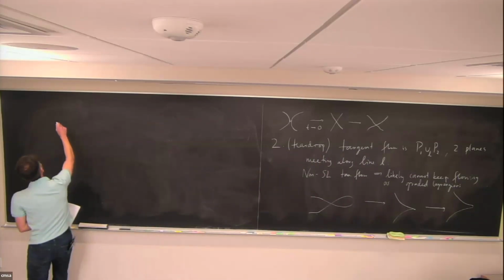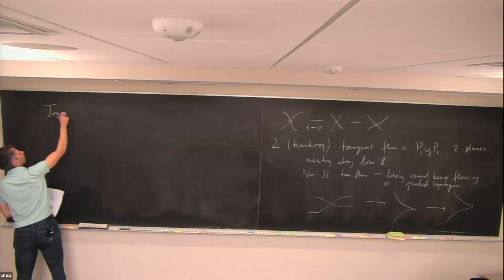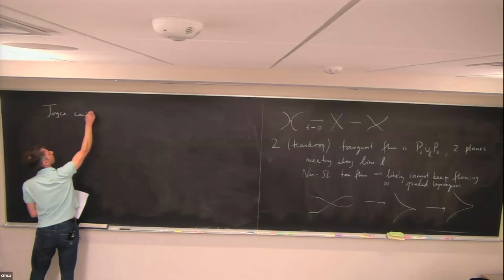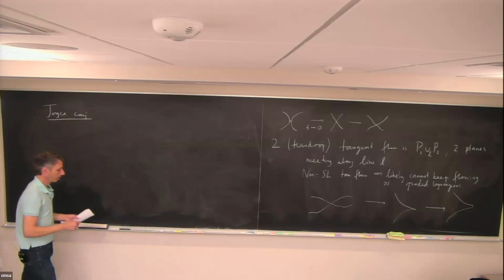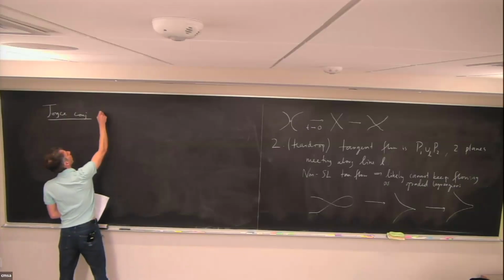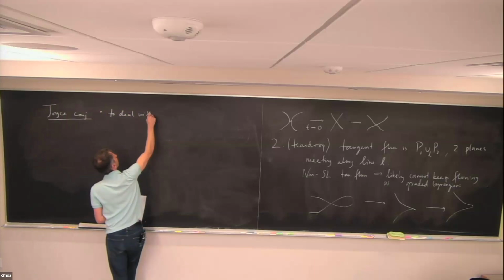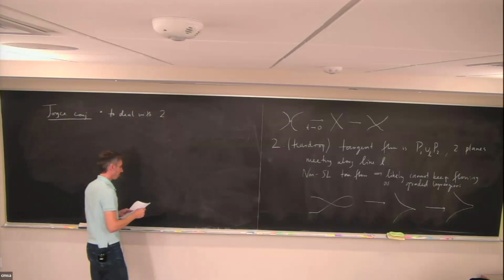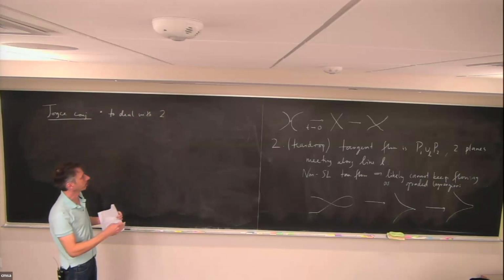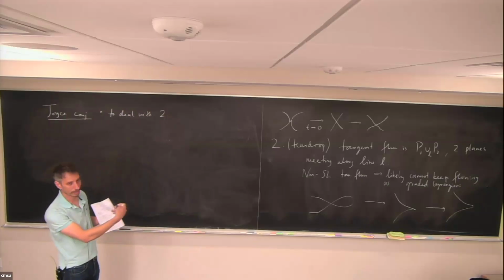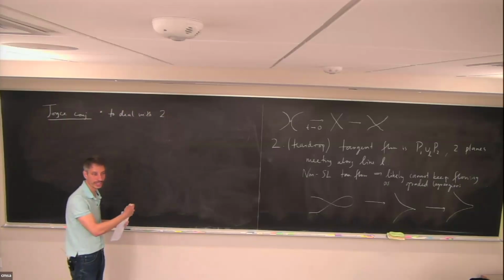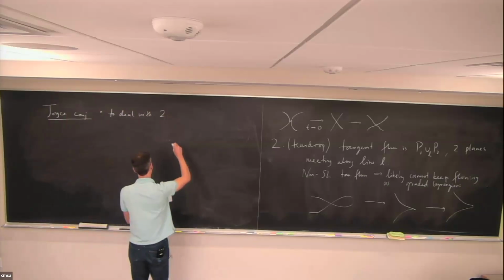So let me just vaguely say what Joyce conjectures in these two cases. To deal with this, what he says is that you should actually equip the LT with some extra data called a bounding cochain.